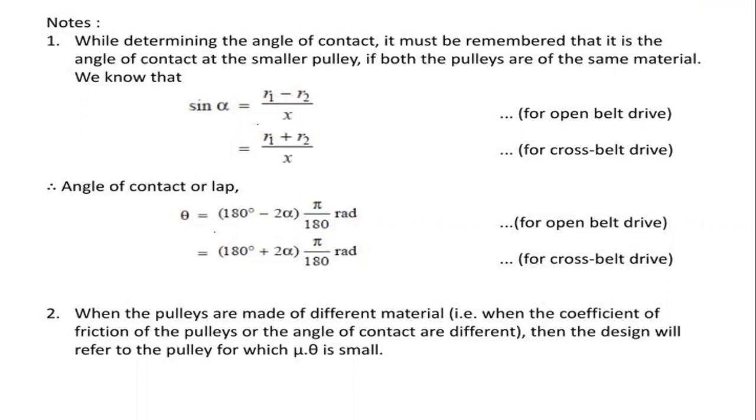Then the angle of contact or lap is theta is equal to 180 minus 2 alpha into pi by 180 radians for the open belt drive, but it has a positive sign for the cross belt drive.